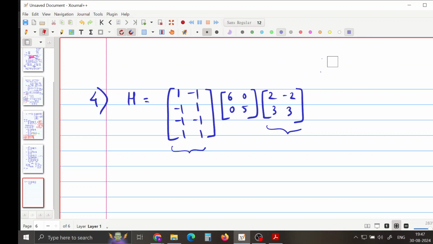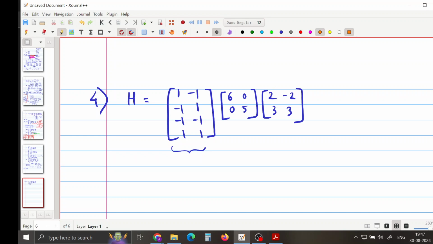So, as I did for the previous example, where we had a form like 1 1 2 minus 2, I took the second row and normalized it, I divided by 2. Here also you can divide the first row and second row by 2 and 3 respectively. And I have to adjust for those factors in the previous matrix.